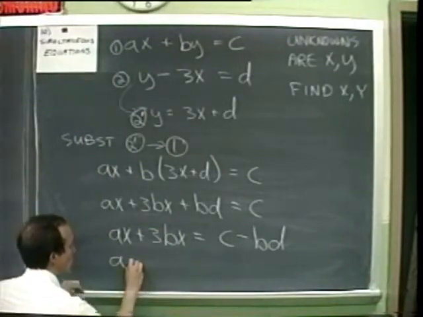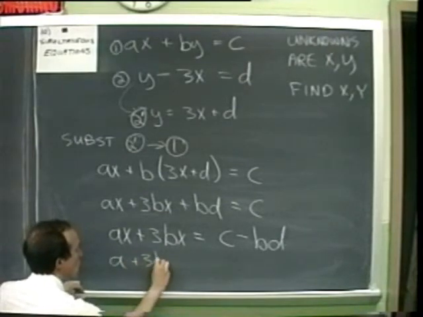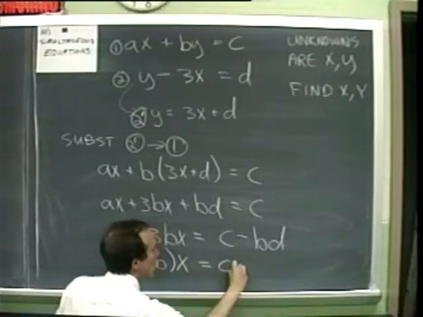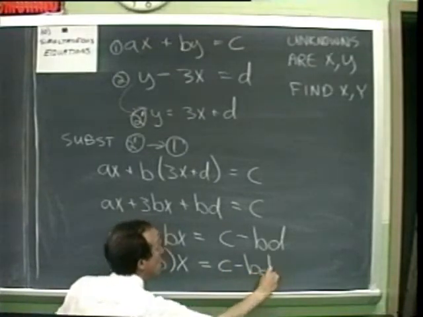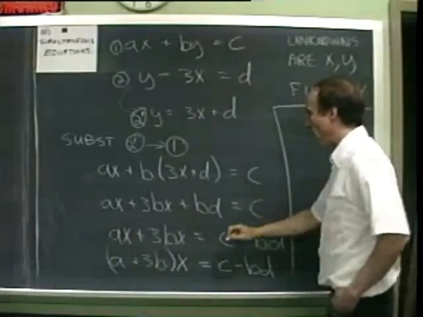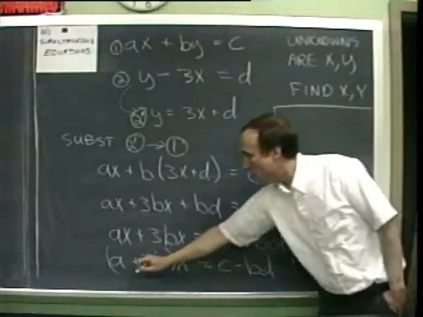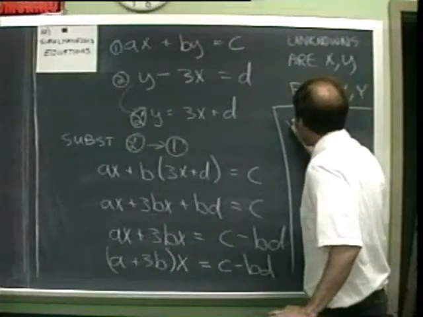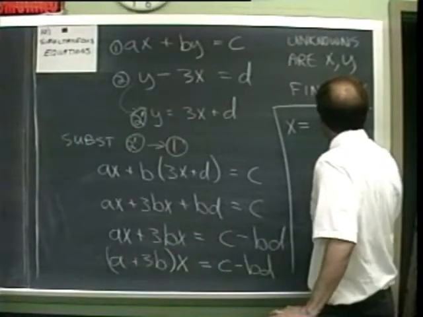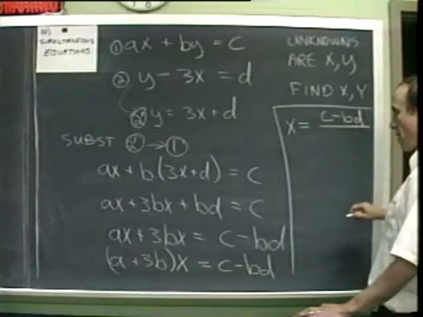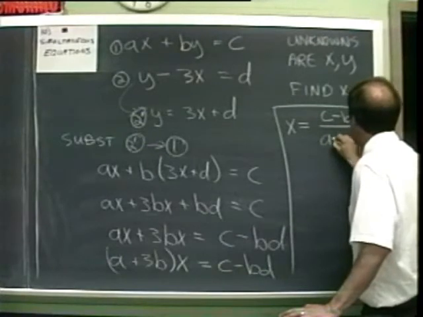This equation then reads a plus 3b all times x is equal to c minus bd. Divide both sides of this equation by this expression in parentheses, and I get x is equal to c minus bd, all divided by a plus 3b.